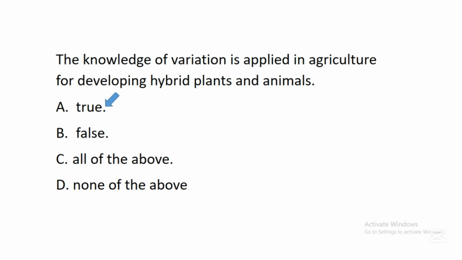Hybrid plants are those plants that have the traits of both parents. So they are plants that inherited the traits of the male parent and the female parent. The same thing is applicable to hybrid animals. A hybrid animal is an animal that inherited some traits from the male parent and some traits from the female parent.